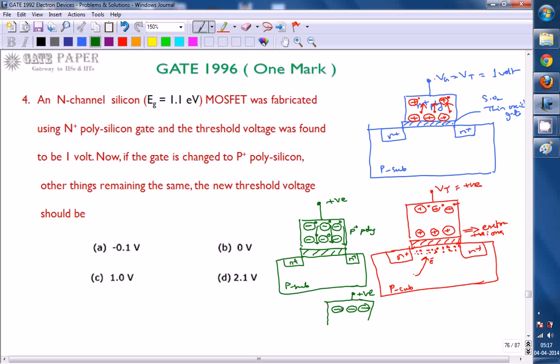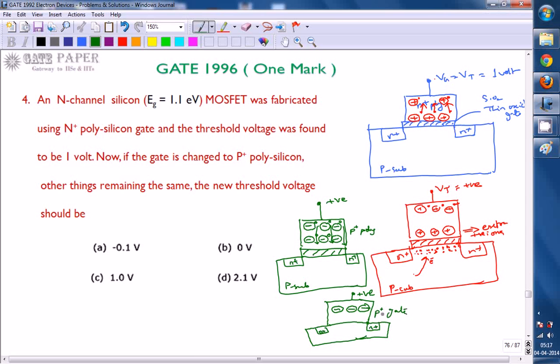Since they restrict the effect of the positive voltage, the effective positive voltage for channel formation is very small. So you must apply more positive voltage to overcome the effect of those negative ions. To get the same channel, we require a larger positive voltage if we use a P plus poly gate.